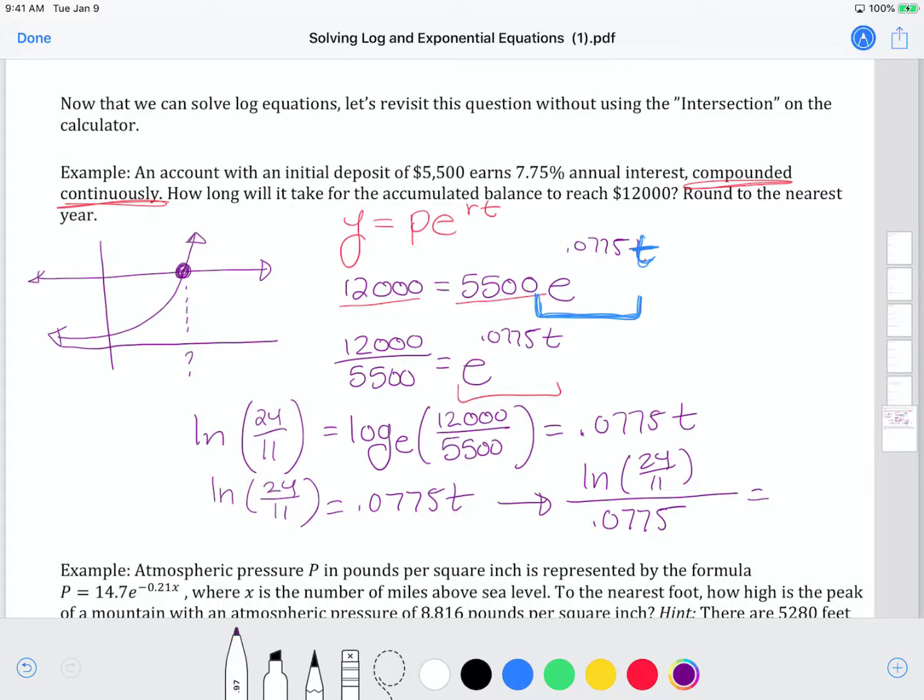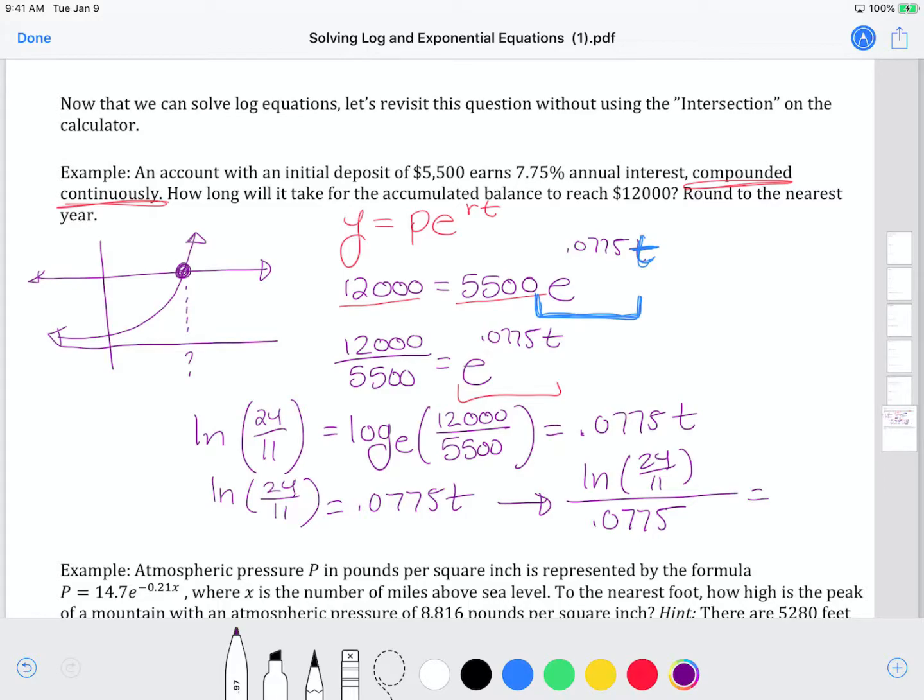Now that we have this completely solved for t, this is where you want to plug it into the calculator and round it. So I'm going to use the natural log button on my calculator, and I'm going to put in 24 over 11, or if you didn't reduce it, 12,000 over 5,500.